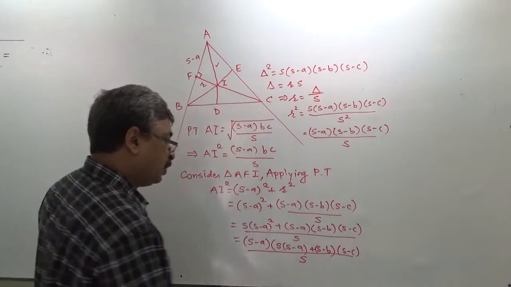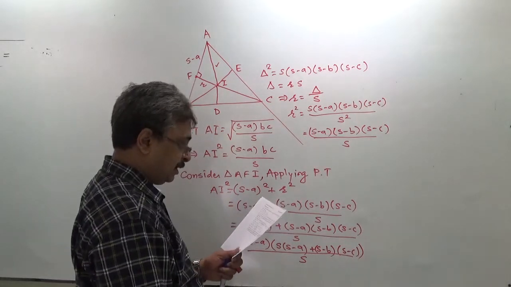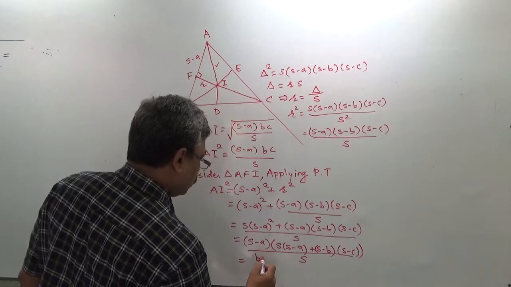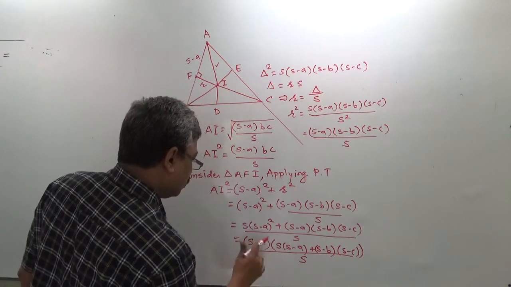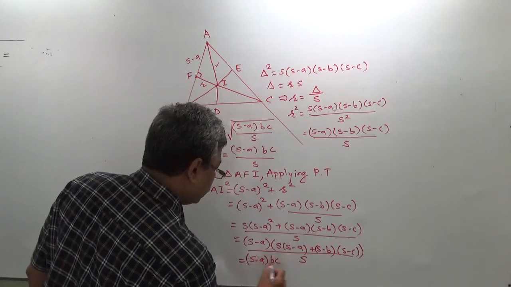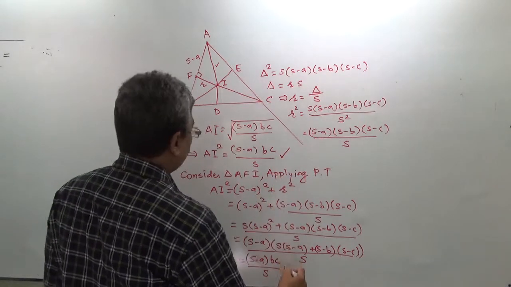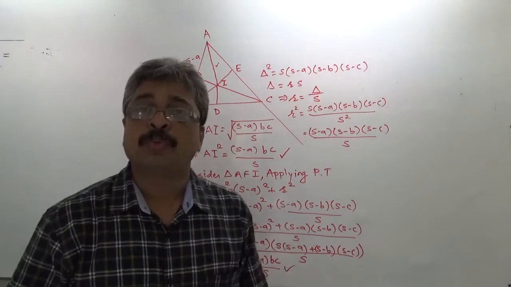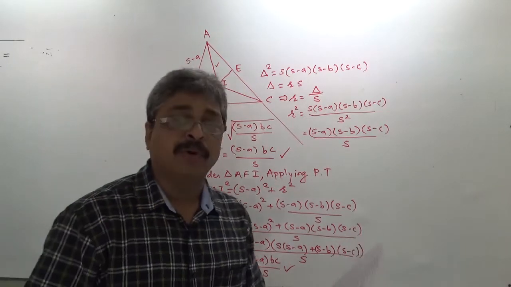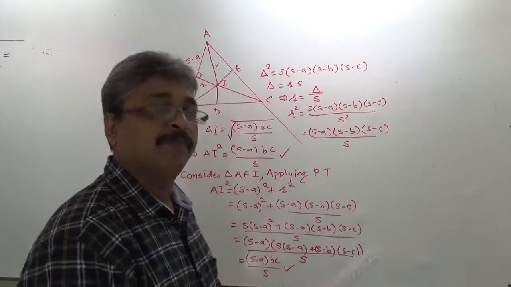Now you will observe that this second bracket is nothing but bc, so the first bracket is s minus a, second bracket is bc upon s, which is what we are required to prove. So we have found out AI square using the first problem.